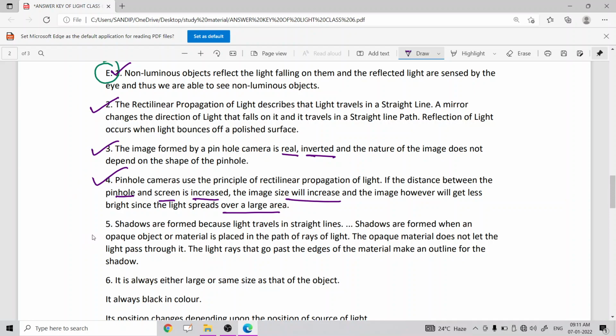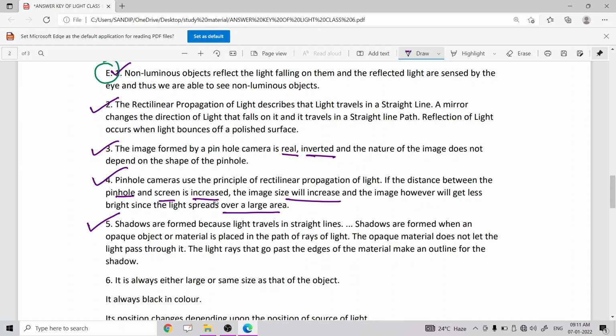Now we move to our next one, that is question number 5: how is a shadow formed? The working principle of shadow is also rectilinear propagation of light. Shadows are formed because light travels in a straight line.